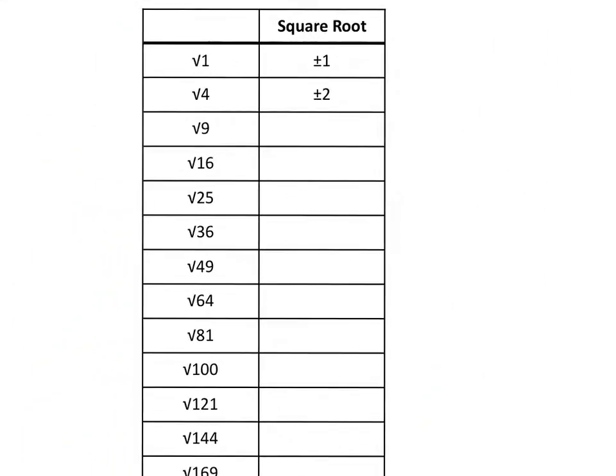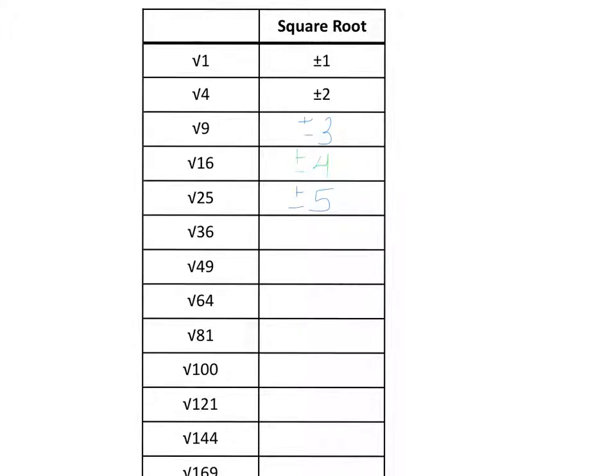So what it's asking is, what is the square root? And notice it's got that little plus minus sign out to the side because that indicates it can be the positive version or the negative version. So starting us off, the square root of 1 is positive or negative 1. The square root of 4 is positive or negative 2. The square root of 9 is positive or negative 3. The square root of 16 is positive or negative 4. Square root of 25 is positive or negative 5.